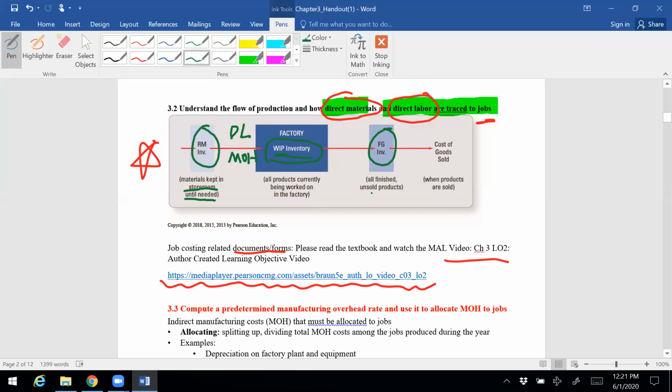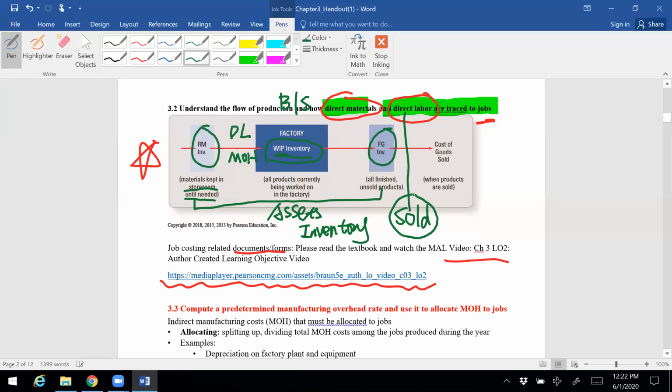Once we finish our inventory, that is still on our balance sheet. All of these three types, remember, are our assets, the inventory assets. And once we sell them, this becomes cost of goods sold, sitting in our income statement.